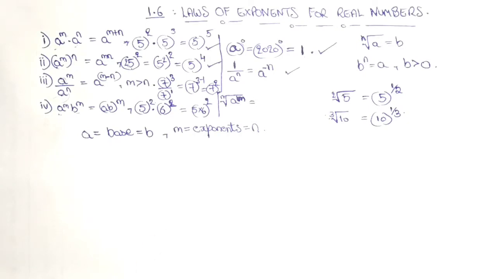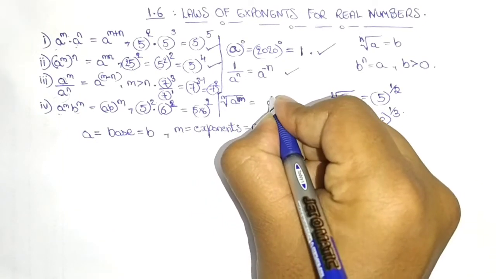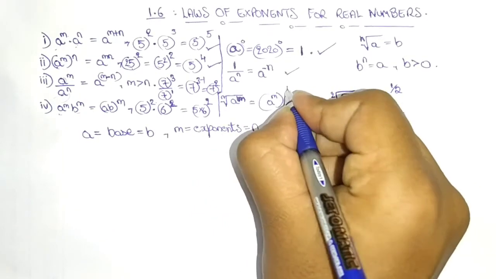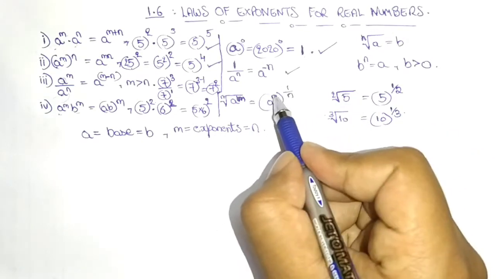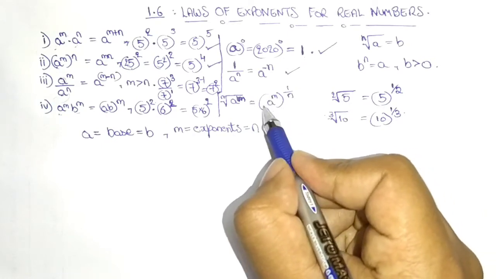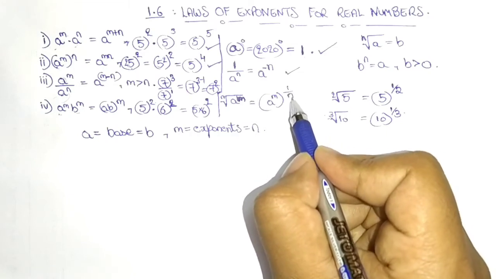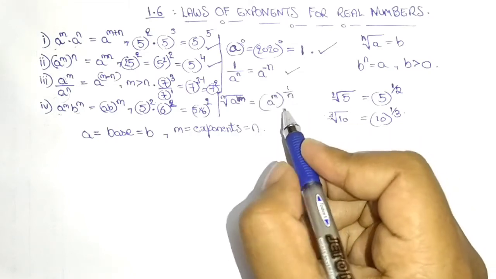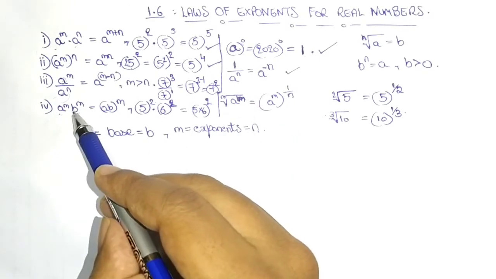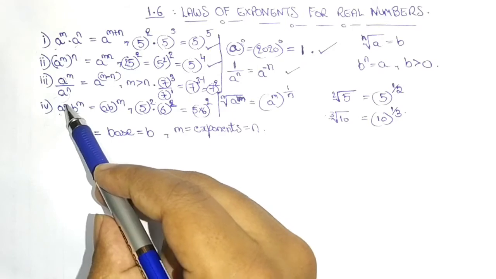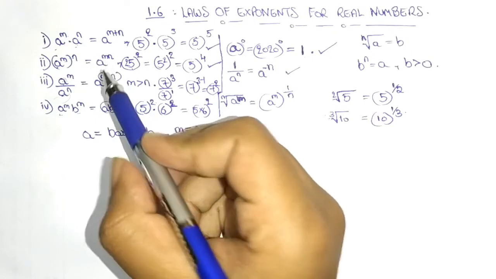Here, if you take out a power m whole power 1 by n, this is taken as this. A power m, where m is a number, and nth root is given, and I am dividing 1 by n. Now if we consider this law, a power m into n is going to be a power mn.